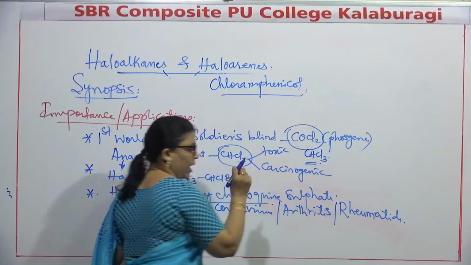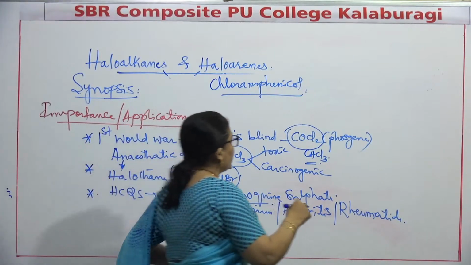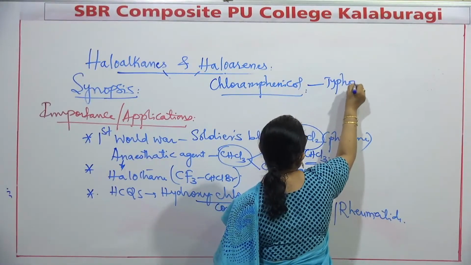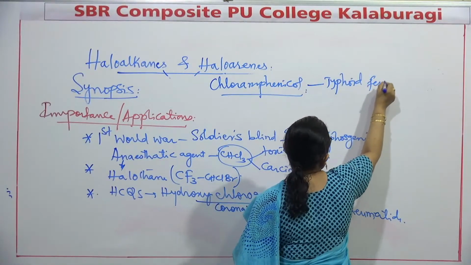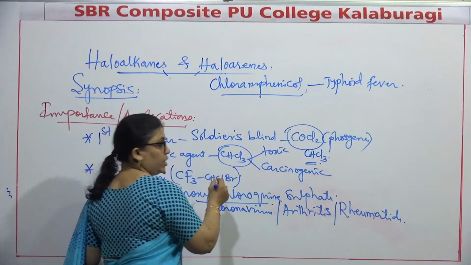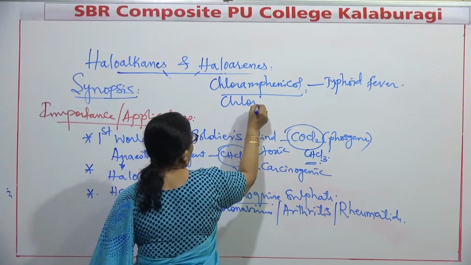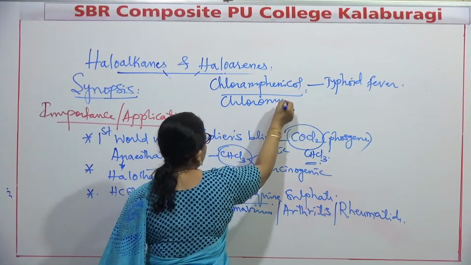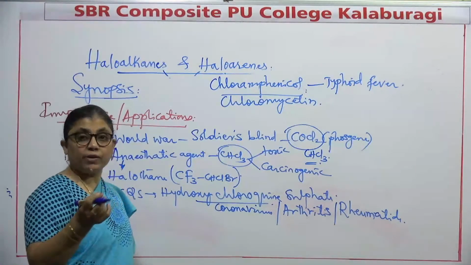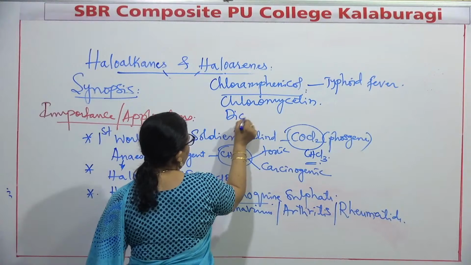The highest fever is during typhoid, and during typhoid, the treatment can be done by using chloramphenicol. Other than chloramphenicol, they can even use the antibiotic chloromycetin. Okay, even the analgesic like diclofenac.